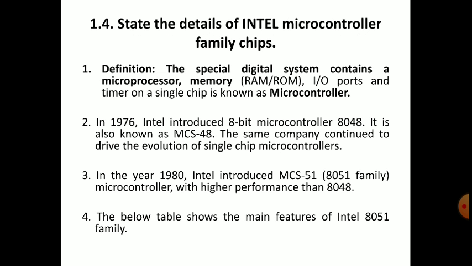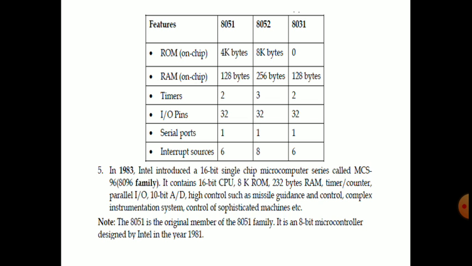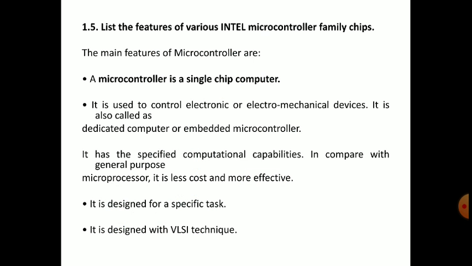And we have seen the details of the first microcontroller family chips of the Intel company: in 1976 we have the 8-bit microcontroller 8048, and then the 8051 family, and again in 1983 we have the 8096 family.